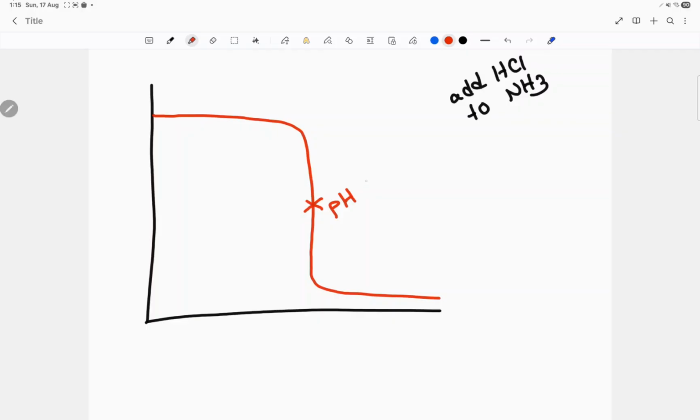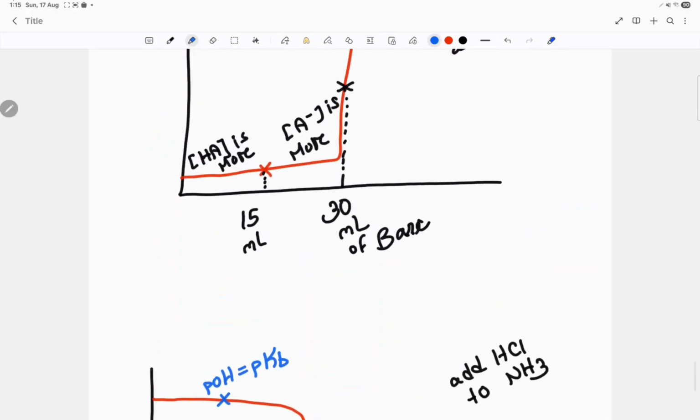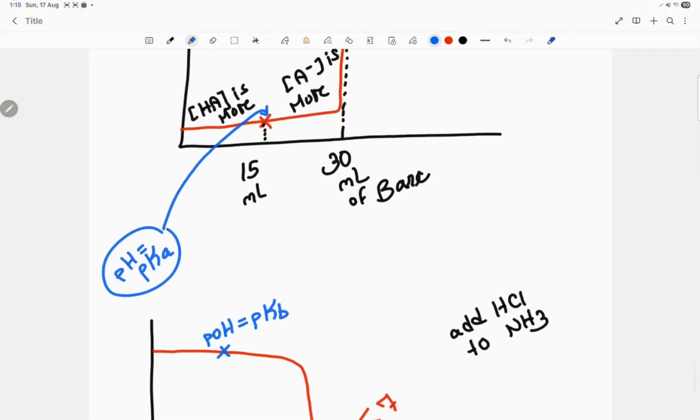Less than 7, because the strong acid wins. And the half equivalence point is going to be right here. That's the exact point where the pOH is equal to the pKb. But here, the pH is equal to the pKa. So please be able to distinguish between the two.